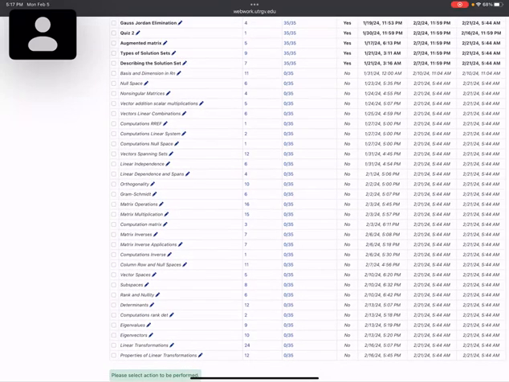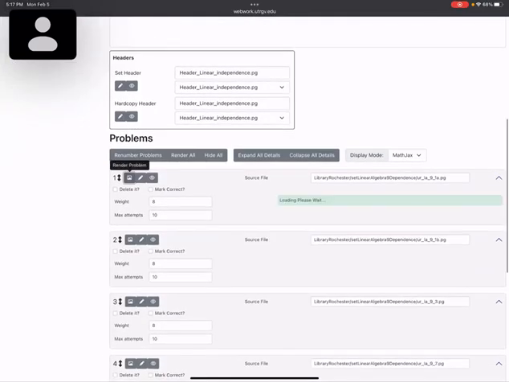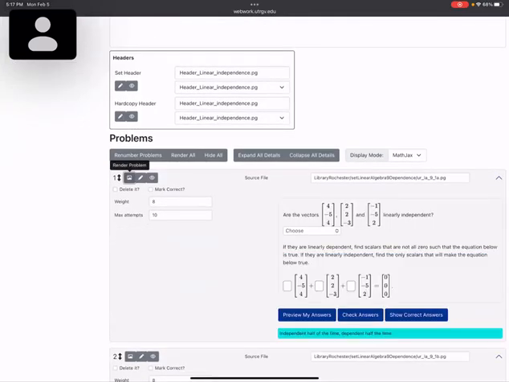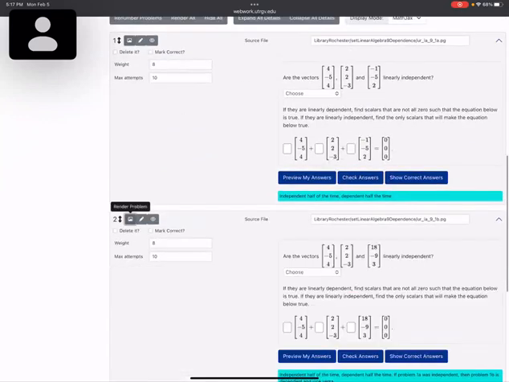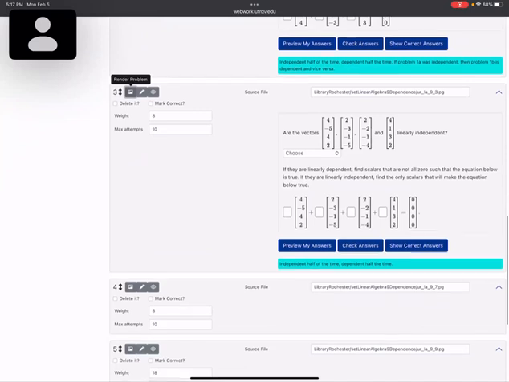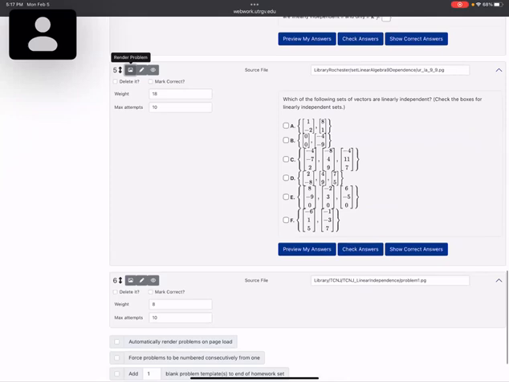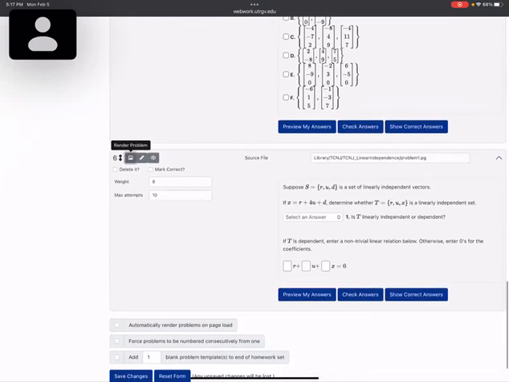So linear independence and span. I think these are the ones I'm gonna open today. So that's probably the problems you're gonna have for this week: linear dependence and span.